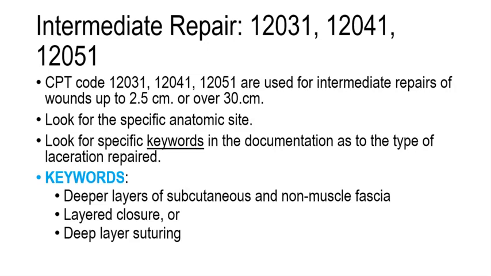These codes are used for intermediate repairs of wounds up to 2.5 centimeters or over 30 centimeters. Look for the specific anatomic site in your documentation. Look for specific keywords in the documentation as to the type of laceration repair. Some keywords: deeper layers of subcutaneous and non-muscle fascia, layered closure, or deep layer suturing.